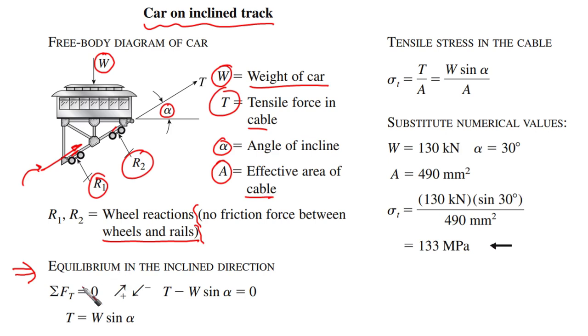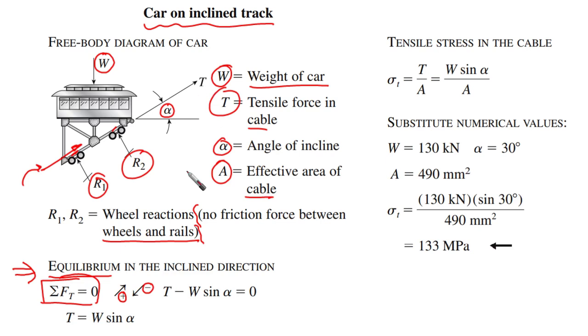So we are going to assume that the positive direction is going to be upward, and any force heading downward is going to be negative. And then we are going to say that the summation of forces on this inclined direction should be 0, because the system should be under equilibrium.